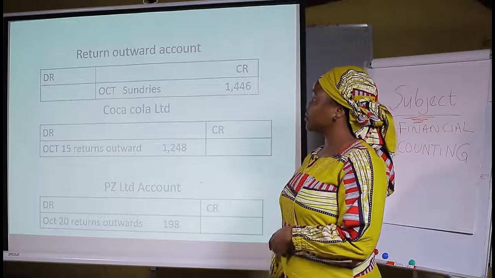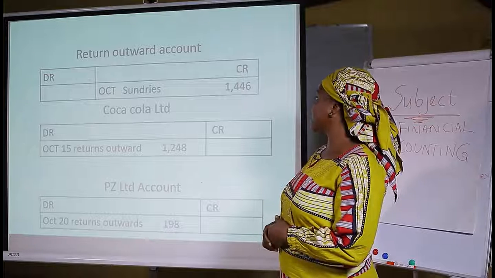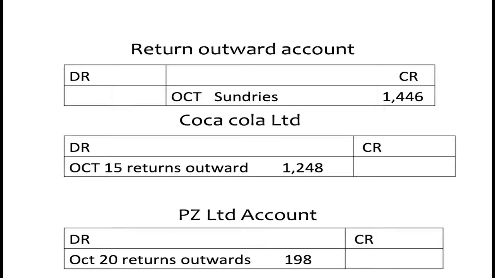This is our ledger. Our October sundries is 1,446 naira on the credit side. Coca-Cola, the returns will be on the debit side, which is 1,248 naira. PZ Limited account, our returns outward, 198 naira, which is on our debit side.